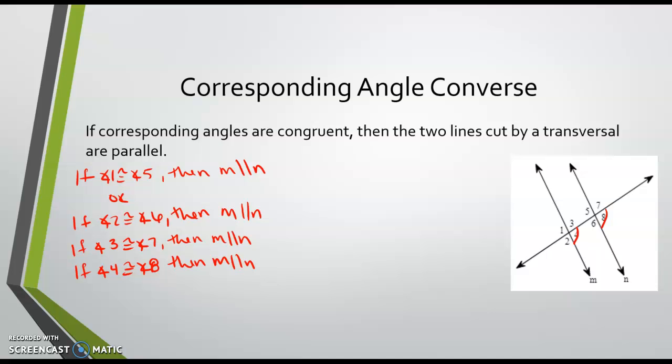We can't just prove two angles are congruent and say, oh, yep, that means the two lines are parallel. They have to be specific.